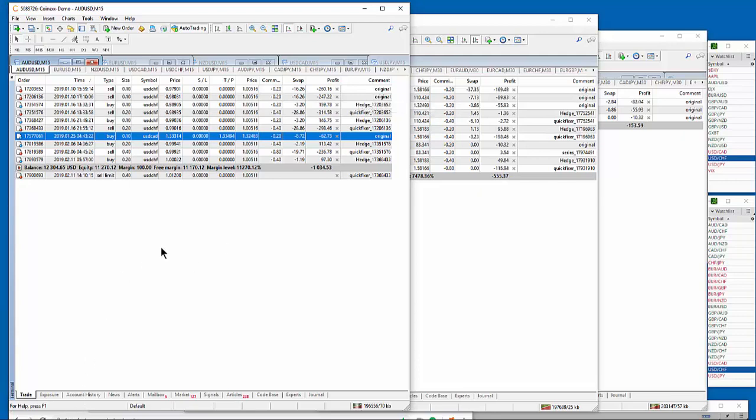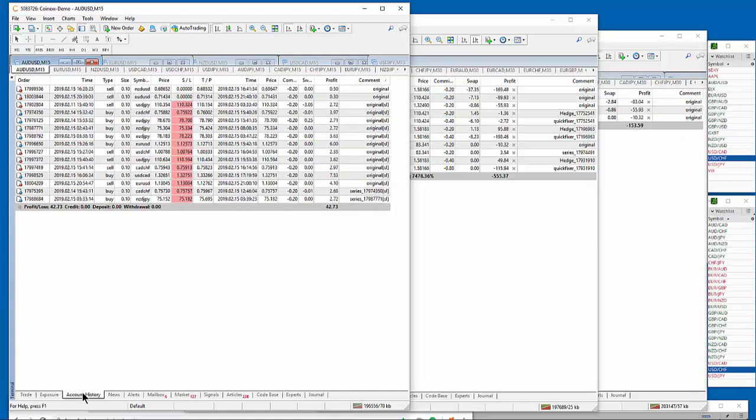So let's take a look at the account history. This is the account history for this trading day. In this trading day, we've closed $42.73, and everything that closed today was original trades or series trades. Series trades are essentially original trades also.